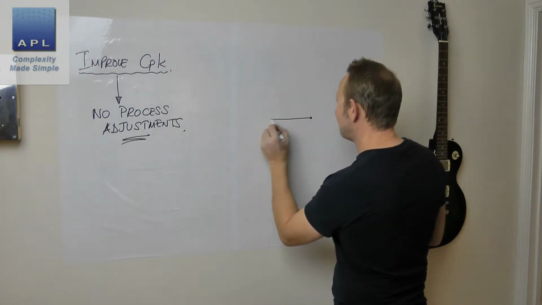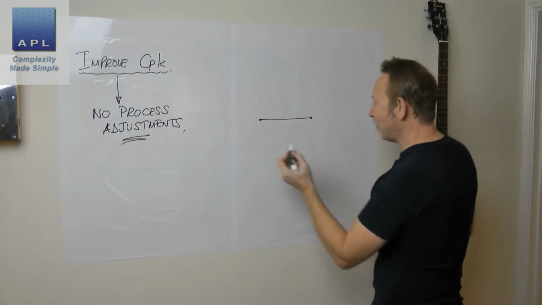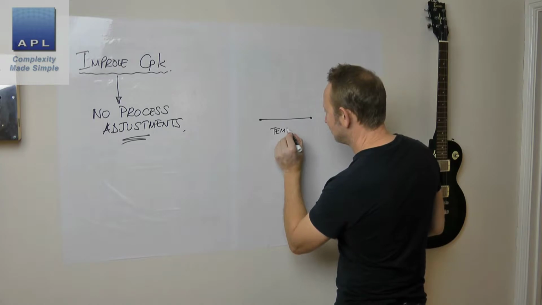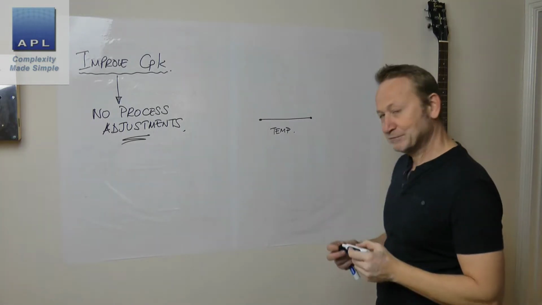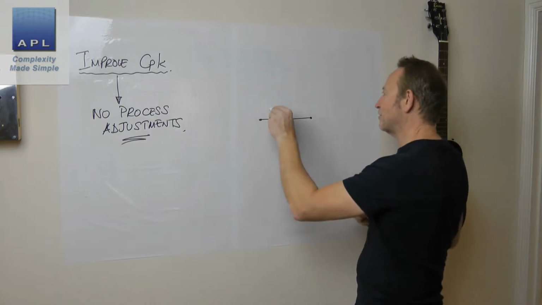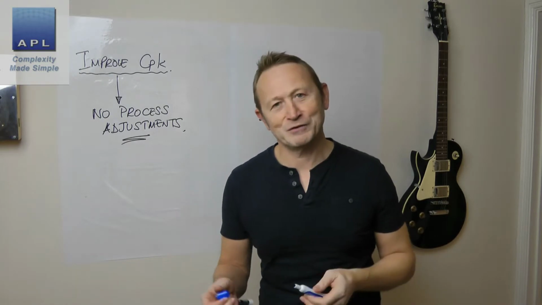Let's say that they're adjusting just one dial on your machine. I'm going to suggest that maybe it's temperature. And obviously when they adjust the temperature, what they're expecting to get is some kind of response out of your process.